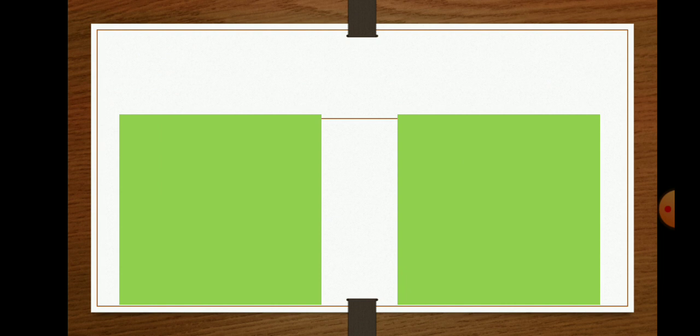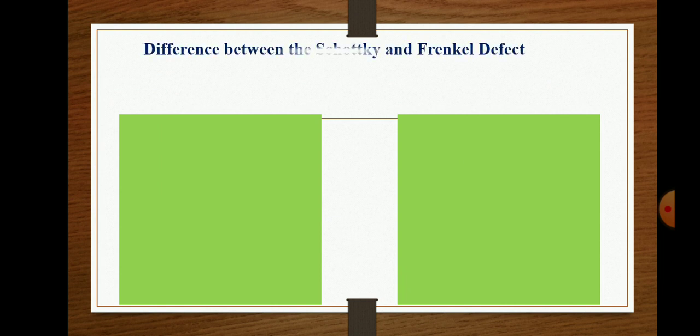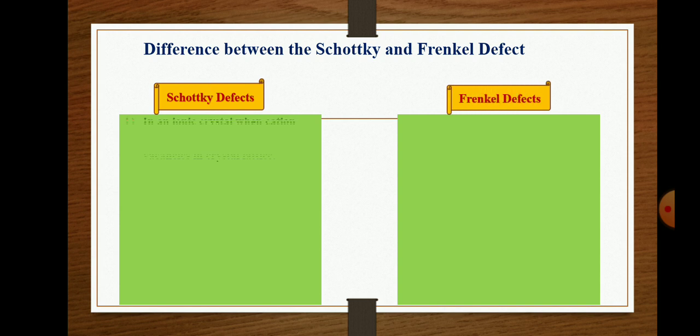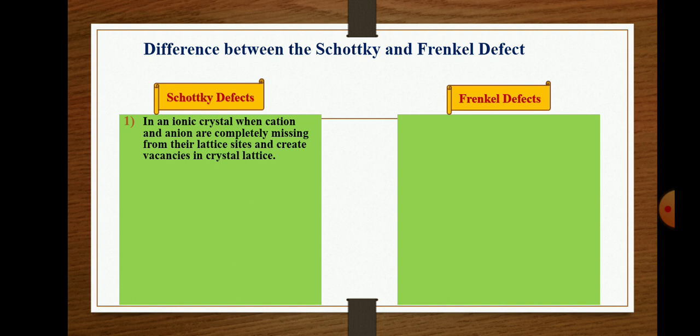Now students, we have to understand from the exam point of view the difference between the Schottky and Frenkel defects. Schottky defects, Frenkel defects. One by one we have to complete. In Schottky defects, in an ionic crystal, cation and anion are completely missing from their lattice sites and create vacancies in a crystal lattice.